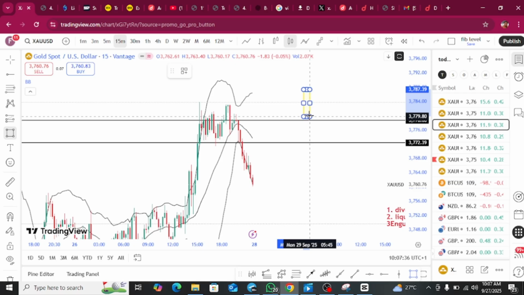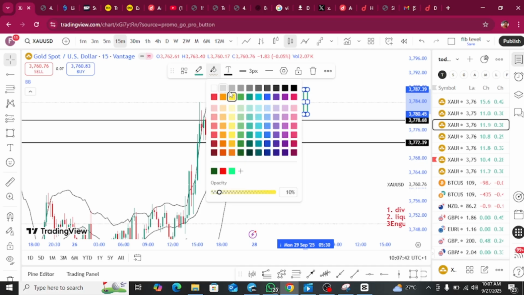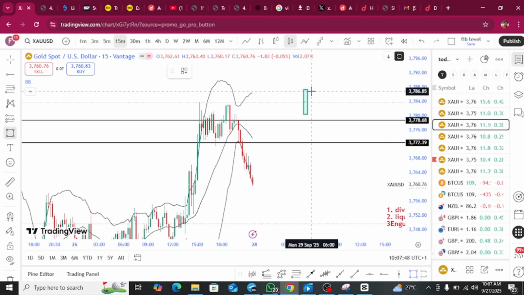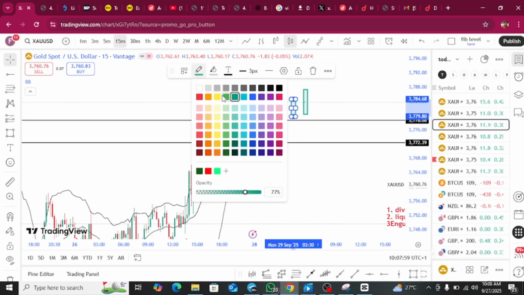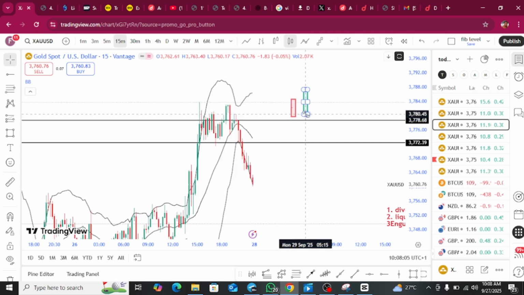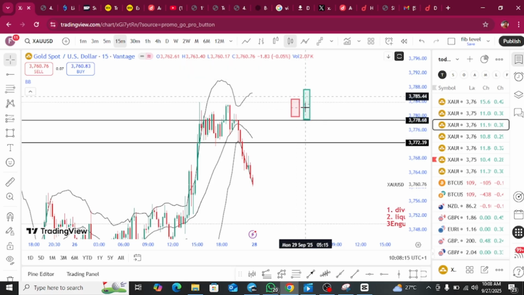This is an example of a bullish engulfing candle. First of all, the green candle must engulf the red candle.